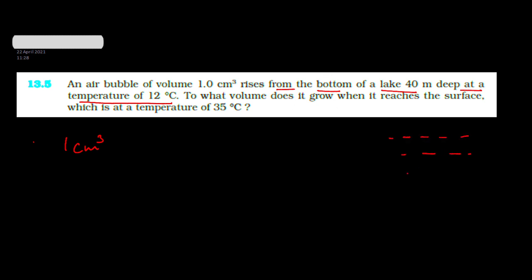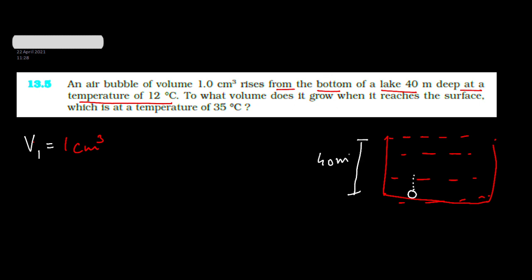Let's draw a lake. Okay, so suppose this is the lake, right? And where is the bubble? It is at the bottom, right? Okay, its volume is given. So initial volume V1 or Vi લખવાય. From there it rises, okay, from the bottom of a lake 40 meter deep.